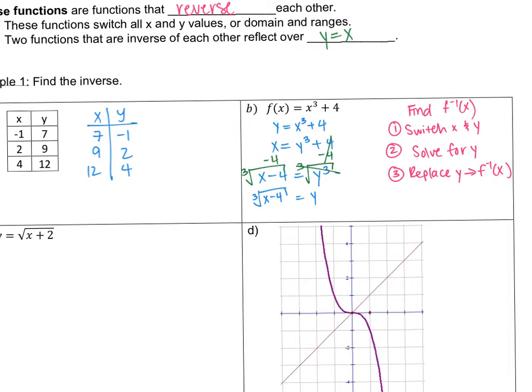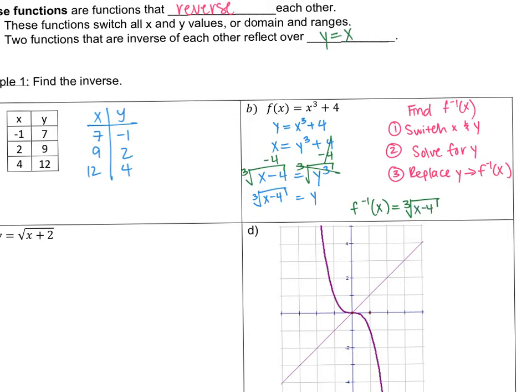Now, we're not done yet. Remember, mathematically, you want to change this to be the inverse of the function, so f -1, or the f inverse of x. It's a lot of words. So that's going to be f -1 of x equals the cube root of x minus 4.